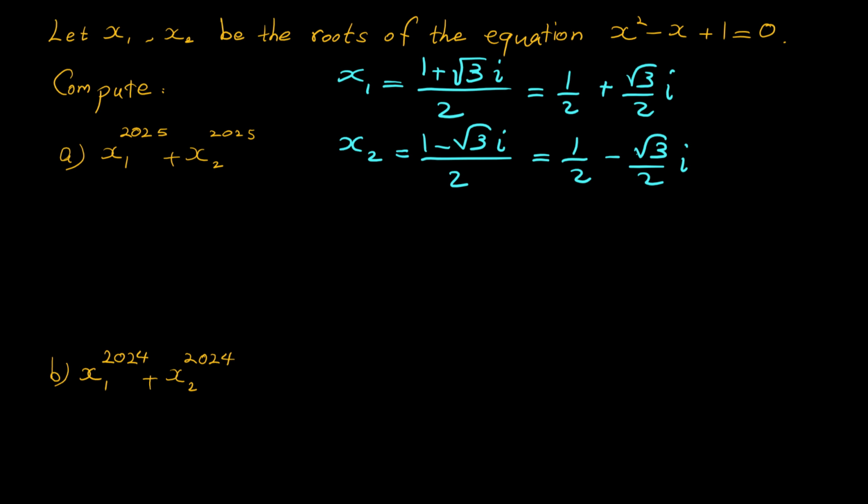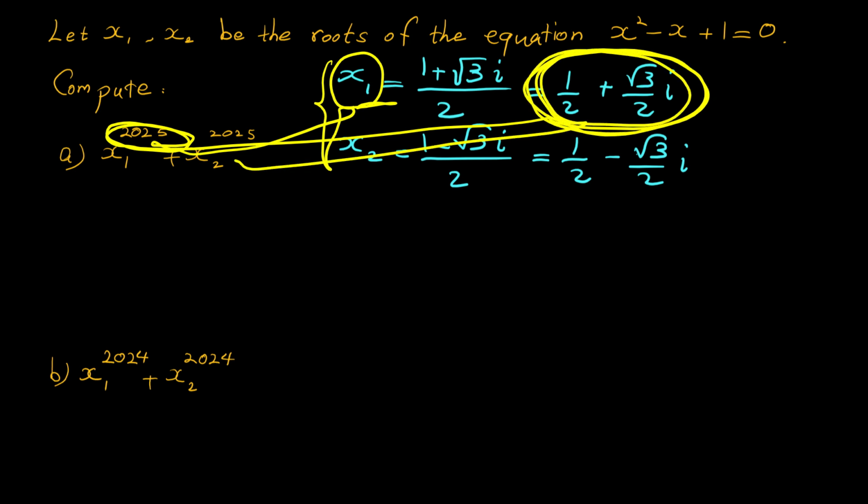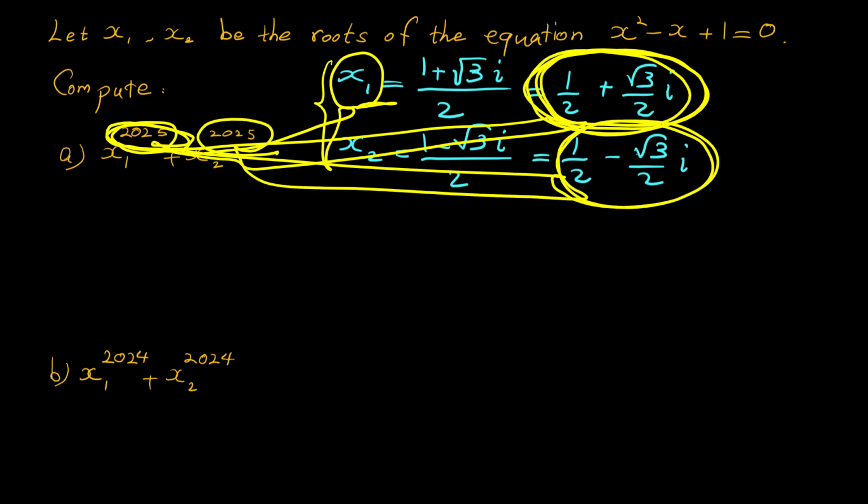But we are not looking for only x1 and x2. We want to raise x1 to the power of 2025. Suppose for a moment that you want to raise this to the power of 2025, and also raise this to the power of 2025, and then add them to each other.